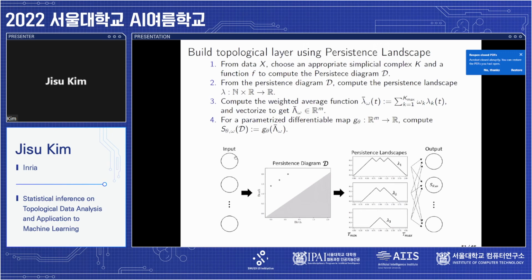We do that by computing the persistent homology from the input data, then computing the persistence landscape, and then by using the differentiable map, we collect output vectors here.